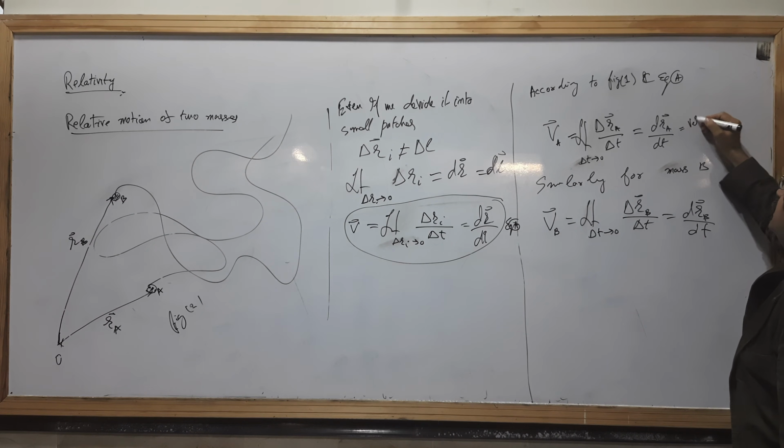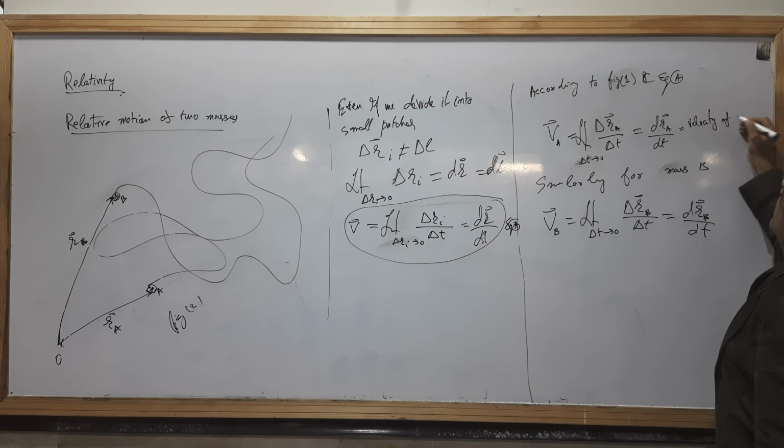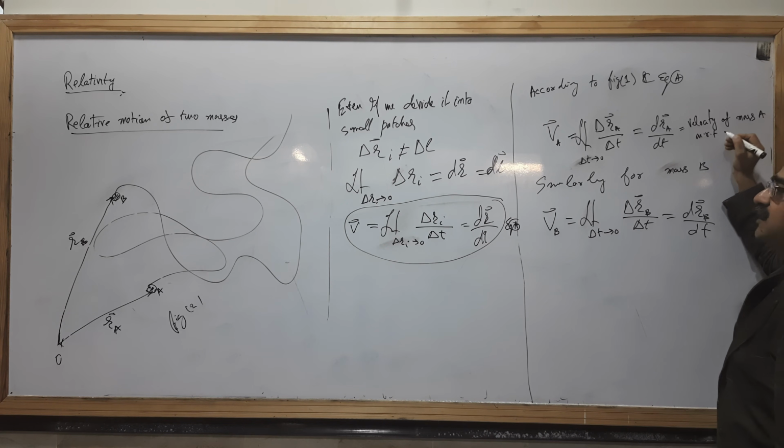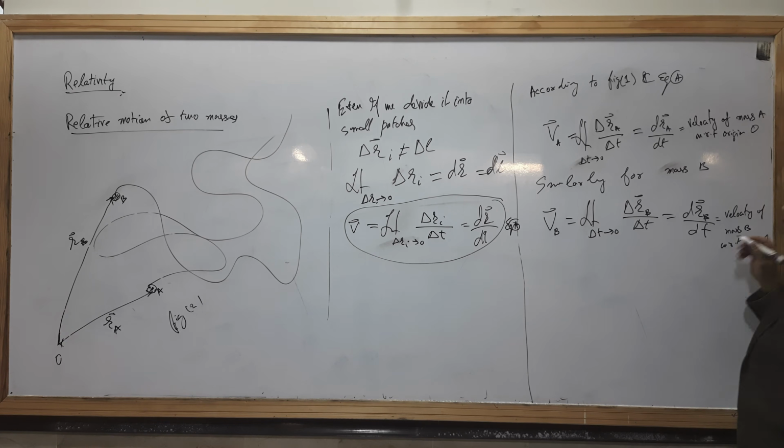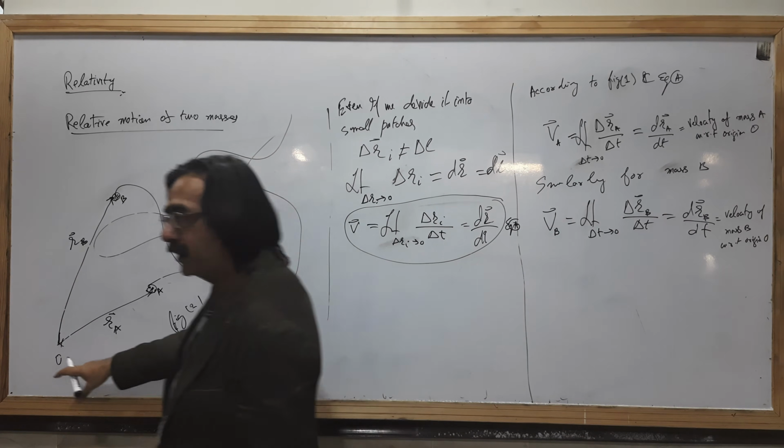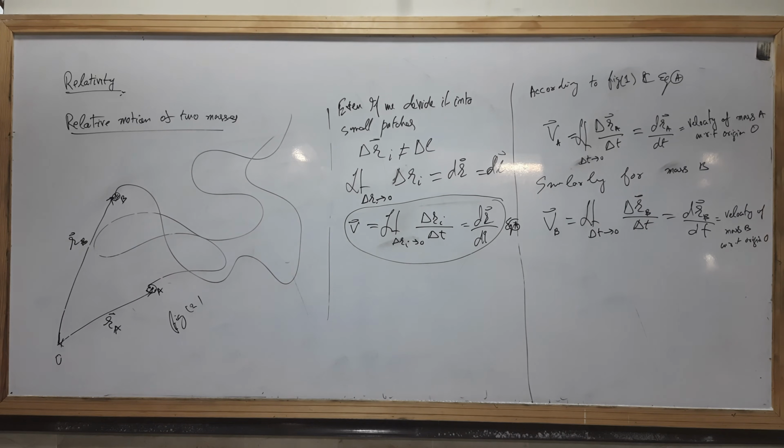This is velocity of mass A with respect to origin O, and this is velocity of mass B with respect to origin O. Now the frame of reference is fixed, okay, got it.